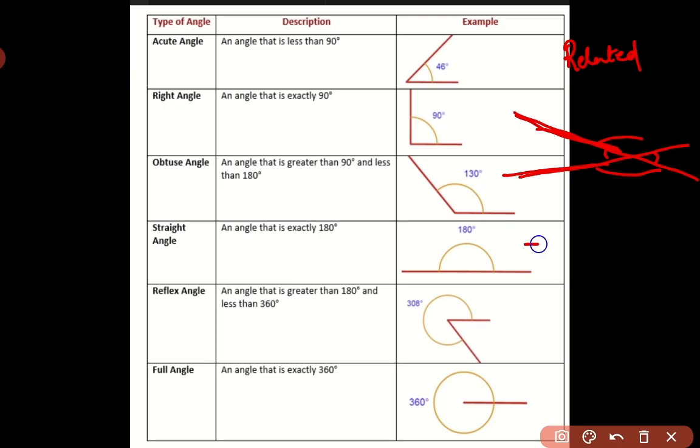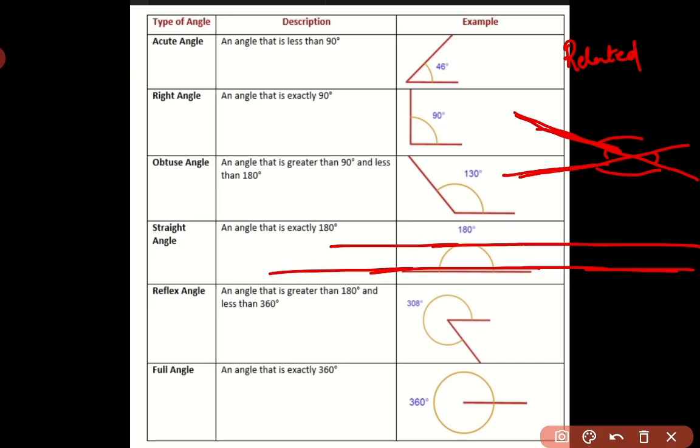You've already studied lines, and I hope you remember what parallel lines are. Two lines in a plane which, when extended endlessly, are not going to intersect are called parallel lines. The best example of parallel lines is a railway track.